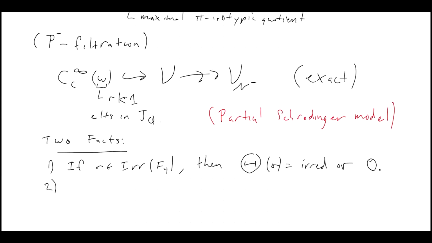And if it's non-zero, then big theta is equal to little theta. Furthermore, if the big theta lift is not 0, then in fact sigma is self-dual.